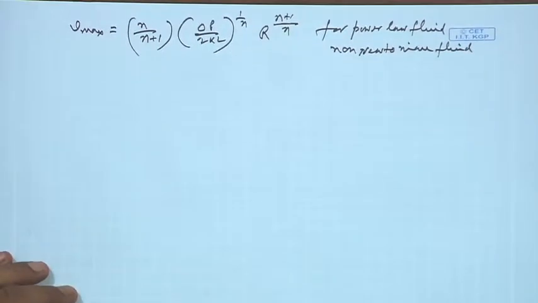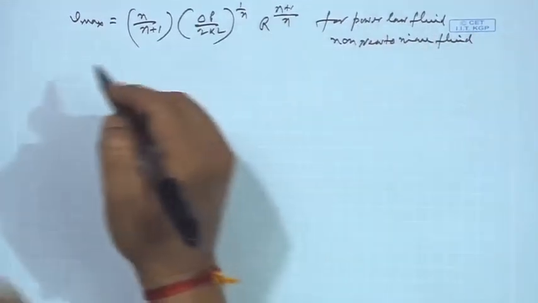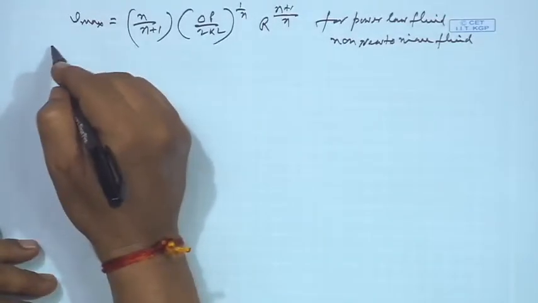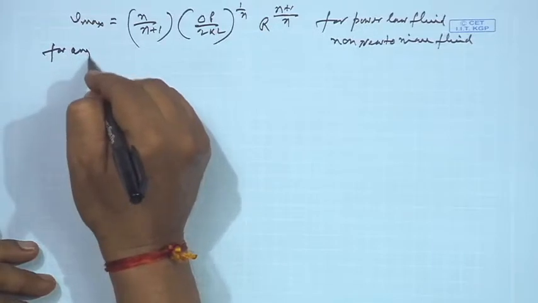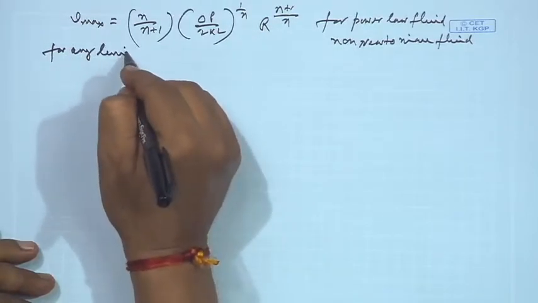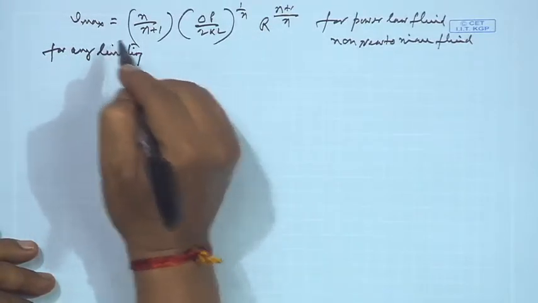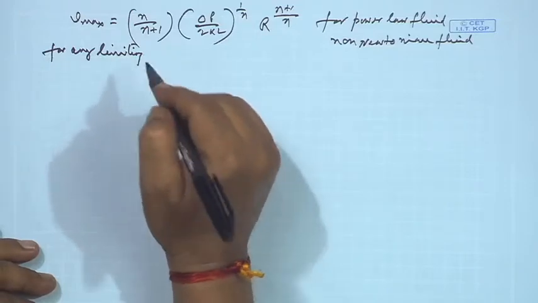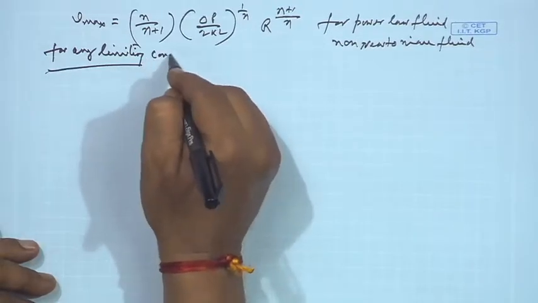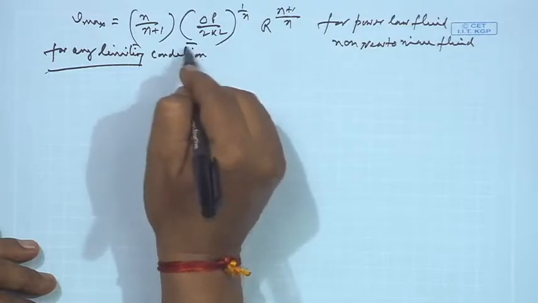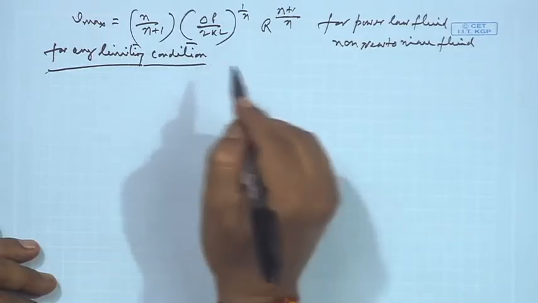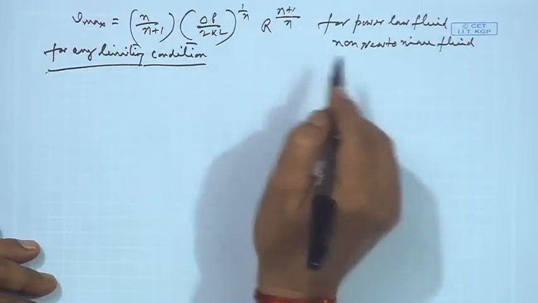So, if this be true, then we said that for any limiting condition, if this holds good, what can be the limiting condition?